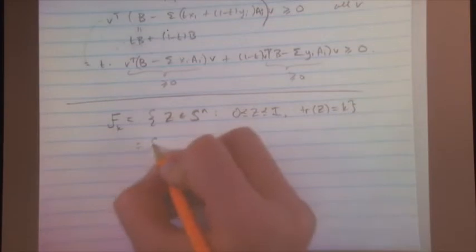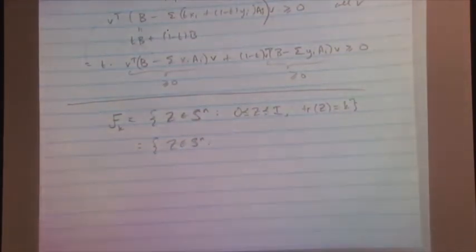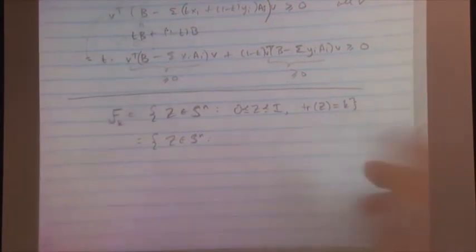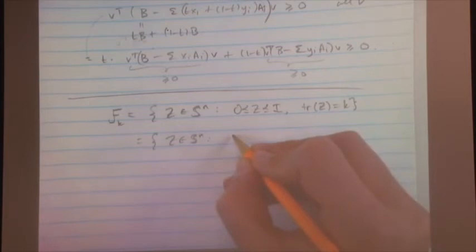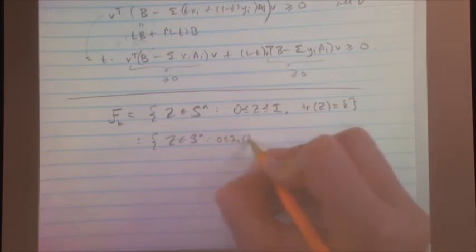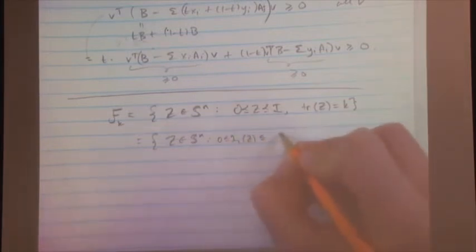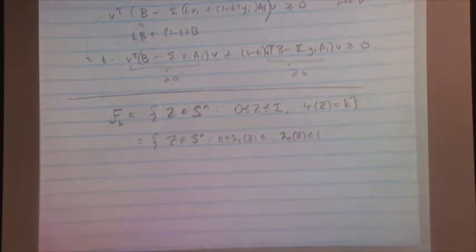So just so that you're familiar with some of the equivalences that we might write here, what does this mean? This means that all of the eigenvalues of Z, which I'm going to write as lambda_1(Z) through lambda_n(Z), are between 0 and 1.